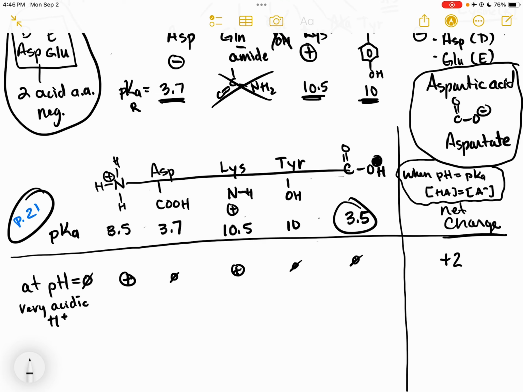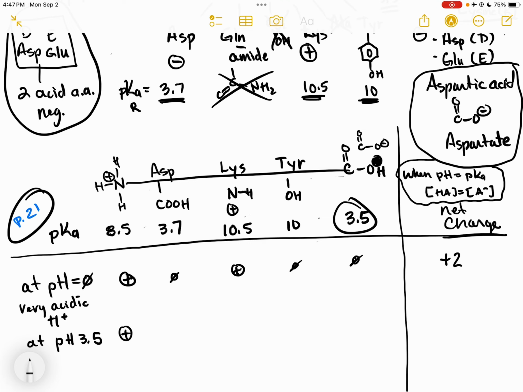So that means we're going to have an equal amount of the negative and the neutral. So at pH 3.5, this one will still be all positive.